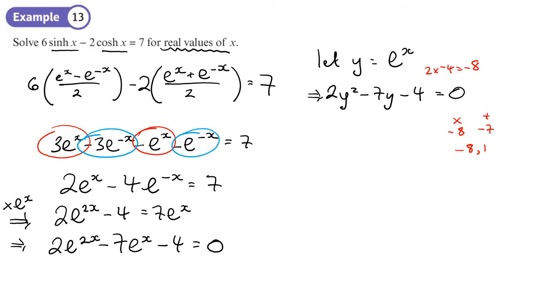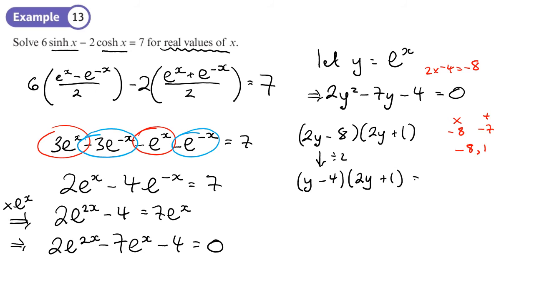So this is the old-fashioned way. So I'm going to have 2y minus 8, 2y plus 1. Now I simplify it down. You may or may not have seen this method. So this gives me y minus 4 in the first bracket and 2y plus 1 in the second bracket. So this is what it factorizes to.